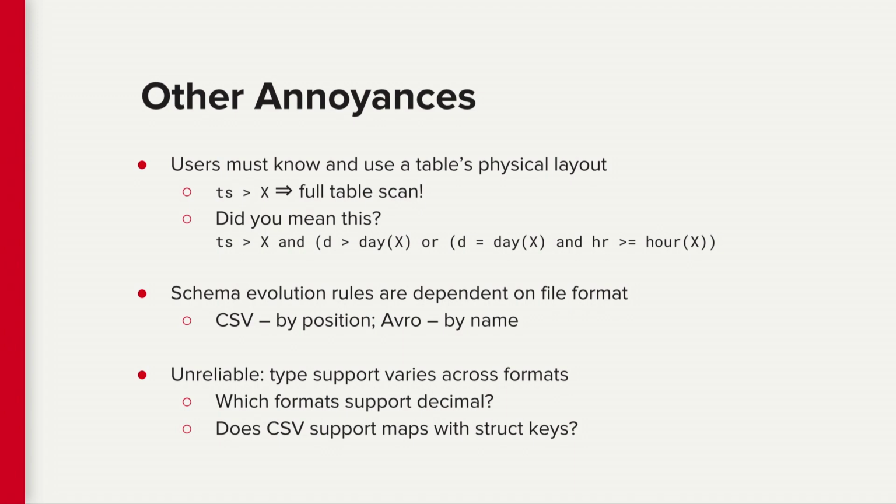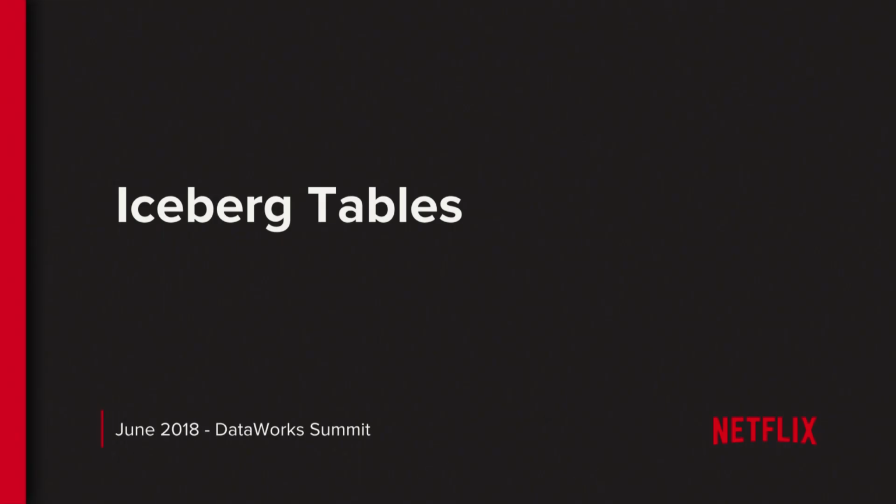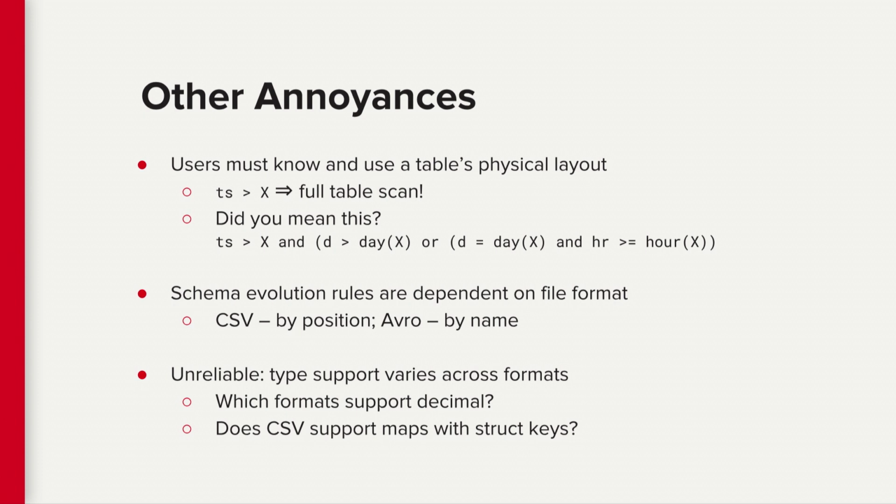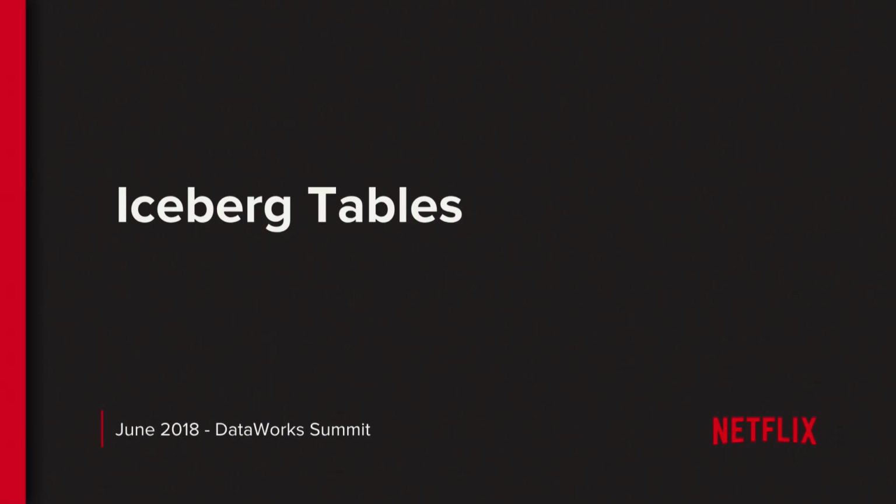Okay, so that's basically the current state of tables in Hive. And I know I've made a lot of complaints here. Let's go into how Iceberg works and what we can do about those problems. Iceberg is essentially looking at this problem of a table format and approaching it and saying, rather than just using the standard table format that's kind of naive, let's actually design something that has the properties of a table that we desire.